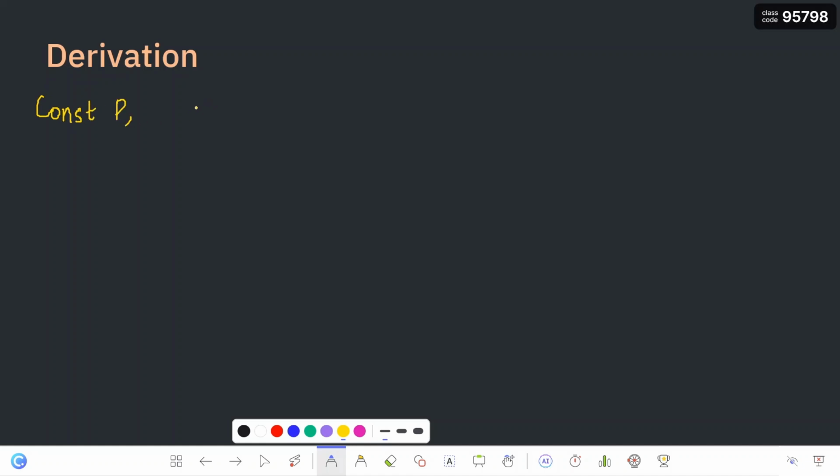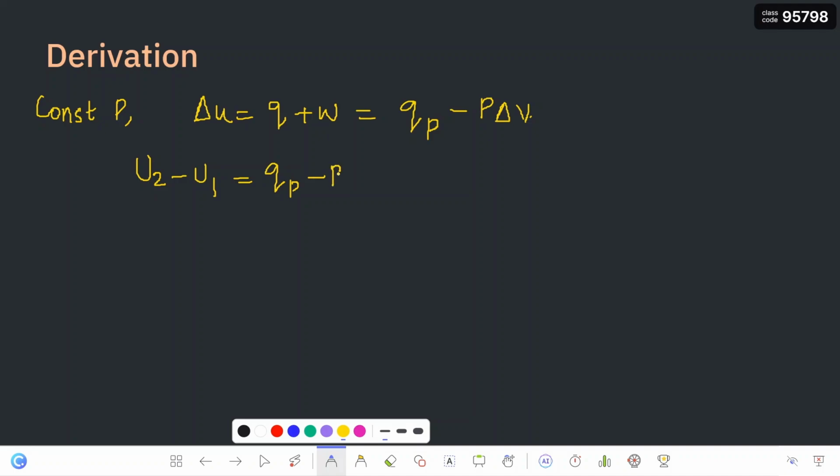In that case, we can write, as I told, delta U is equal to Q plus W. So I will write first that if it is carried out at constant pressure, you can write QP minus P delta V. W is replaced with minus P delta V. Now, delta U is a state function which we can write as U2 minus U1, final minus initial state, is equal to QP minus P into delta V. We can write delta V as V2 minus V1, the volumes V2 and V1.